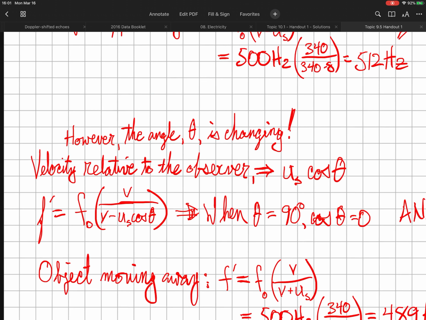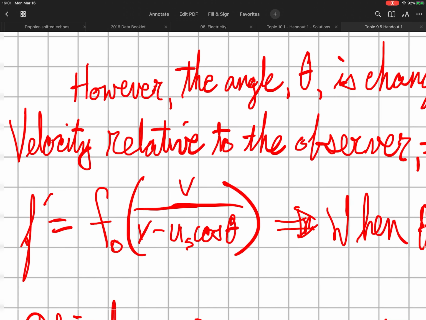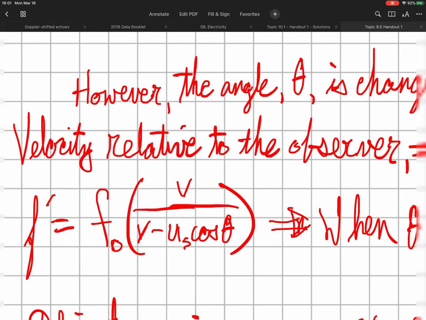Okay, so here's the interesting thing. When the object is going by you, the angle will become large enough that it's going to affect the frequency significantly. And so here, this kind of shows you how the frequency is going to vary as that angle changes.